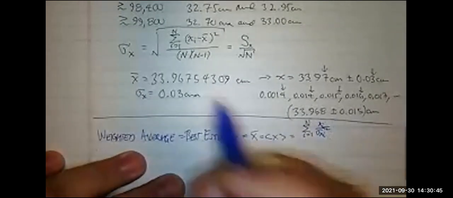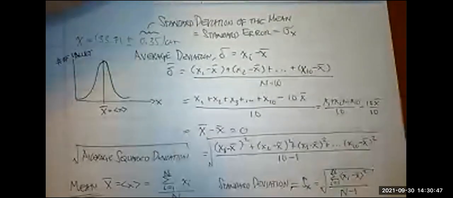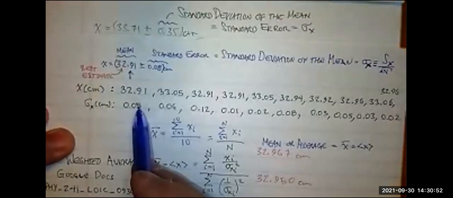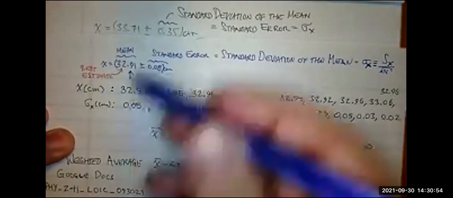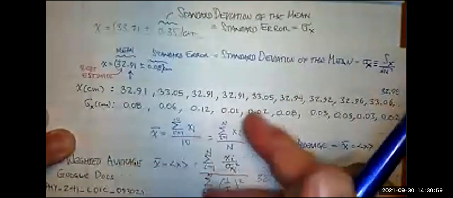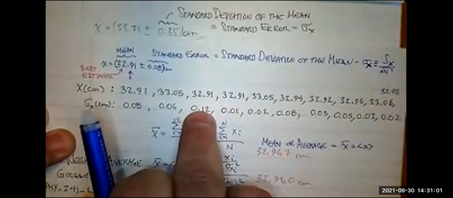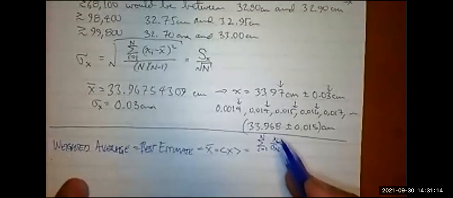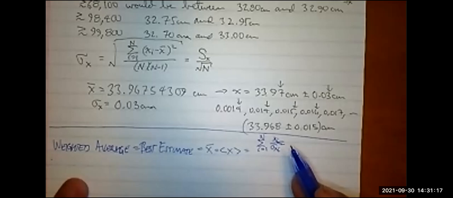So in other words, you're going to take each one of those errors and square it. And since it's really small, you put it in the bottom, that's going to give the really small ones a lot of weight, and the really big ones like this one, very little weight. And by squaring it, it doubly makes sure that's the case. So I'm going to take that, but now the units become centimeters per centimeter squared, and that's just not good.